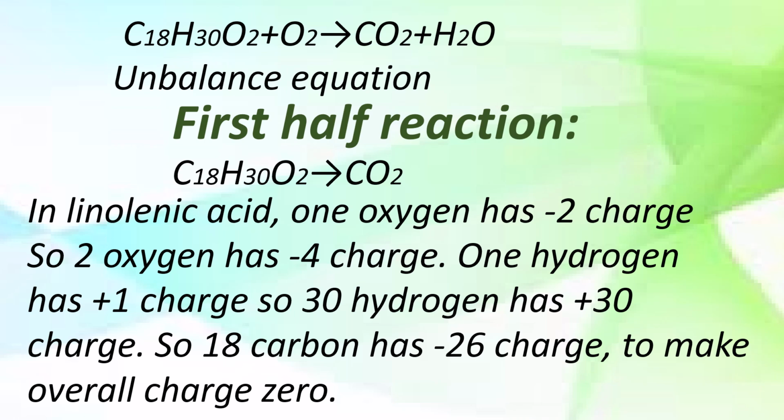One hydrogen has +1 charge, so 30 hydrogen has +30 charge. So 18 carbon has -26 charge to make overall charge 0. So in linolenic acid, oxygen has -4 charge, hydrogen has +30 charge, so 18 carbon has -26 charge.